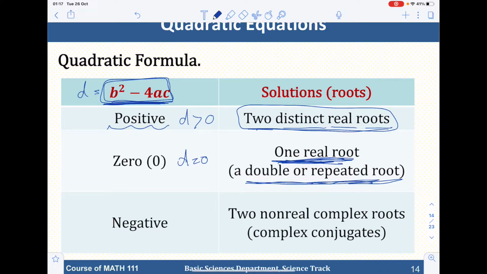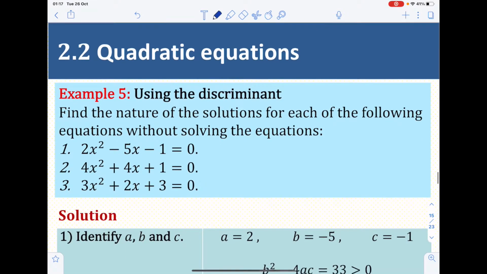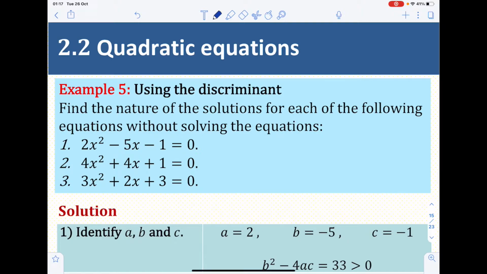And if it's negative, so d is less than 0, we also have two solutions, but in this case not real, they are complex. So we have two complex roots. Now here we want to use the discriminant to find the nature of the solution.